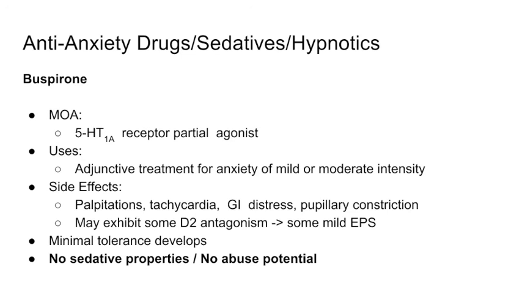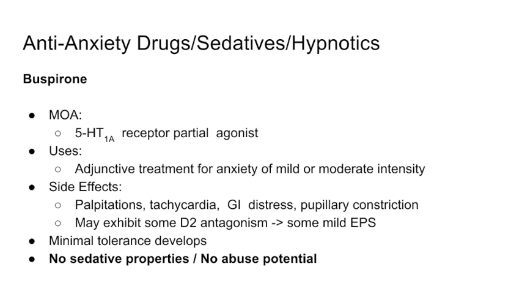It has some palpitations and tachycardia, GI distress, and pupillary constriction, but the side effects you don't worry about too much. It also may have some D2 antagonism and cause some extrapyramidal symptoms, which we'll talk about later in this lecture. Don't worry about that too much. What you need to know is it has minimal tolerance, and it has no sedative or abuse potential.